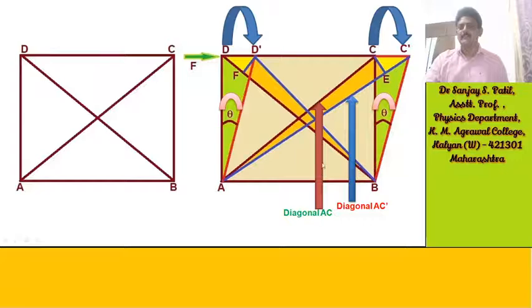This arrow indicates diagonal AC, this arrow shows diagonal AC dash. So AC dash is the extension of diagonal AC after the application of the external force along this edge DC. So D transforms to D dash, C transforms to C dash, and this angular change, that is the shear, takes place.